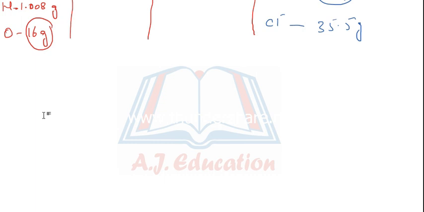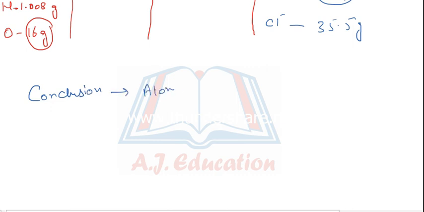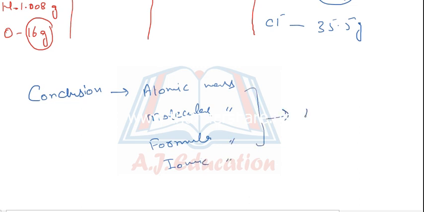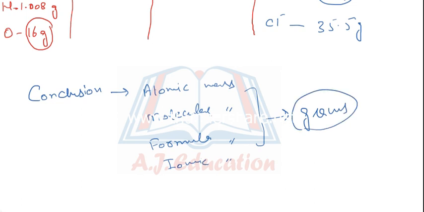Alright, what we have concluded in this lecture is that if atomic mass, molecular mass, formula mass and ionic mass, all these quantities in terms of grams, will be the molar mass.